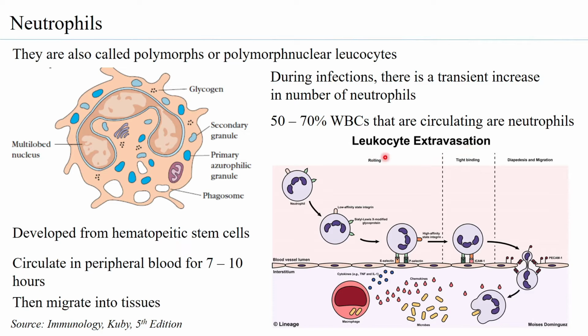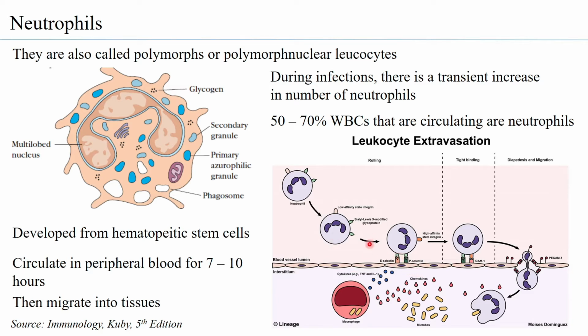Now, for leukocyte extravasation, there are three main processes that happen. So you have the neutrophils, slowly, gradually, because of integrins, binding to molecules that are present in the wall of the blood vessels.